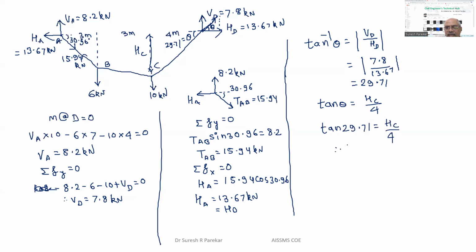And we will get the HC value equal to 4 into tan of 29.71, that is 2.28 meters. So we have the reactions, and this HC value is 2.28 meters. Likewise, we have to solve the problems related to cables.